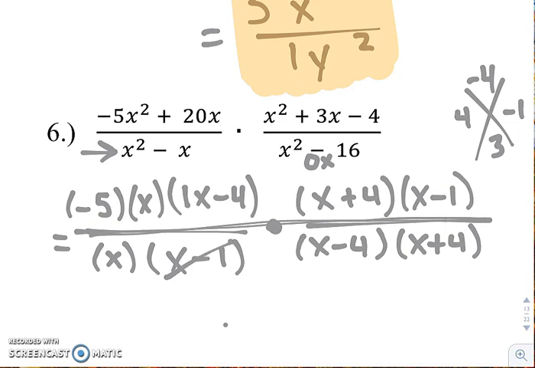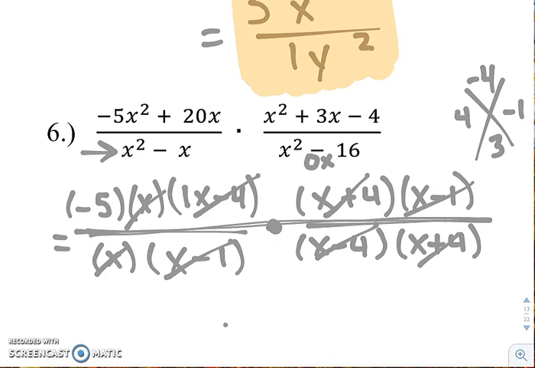Your x minus 1s are the same. They can cancel out. X minus 4 are the same. They can cancel out. Your x plus 4s cancel. So in this case, a lot of things cancel, and x cancels. It's actually kind of weird because you only end up with a single number, but that is fine.